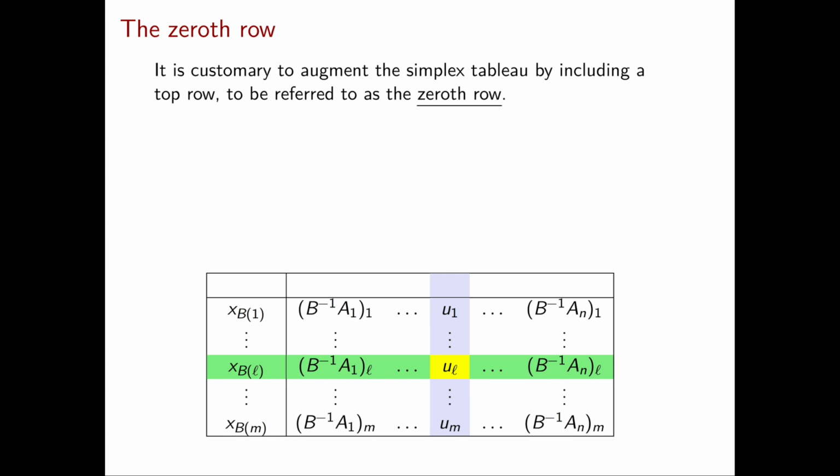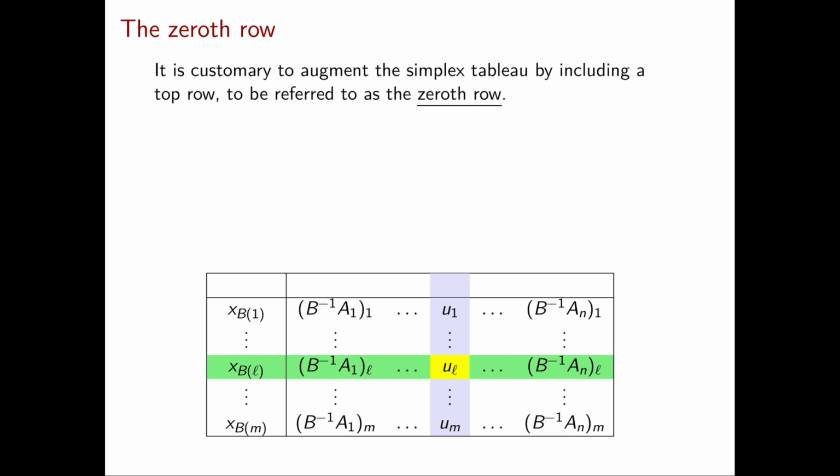We have just seen how many important quantities that we consider in a specific iteration of the simplex method are present in the tableau. However, there still are some very important quantities that are not to be found inside the tableau. In particular, the current cost of the solution is not present in the tableau, and maybe more importantly, neither are the reduced costs.